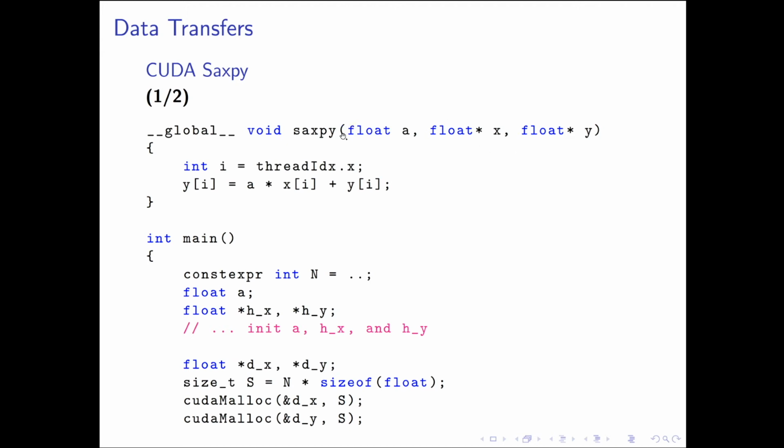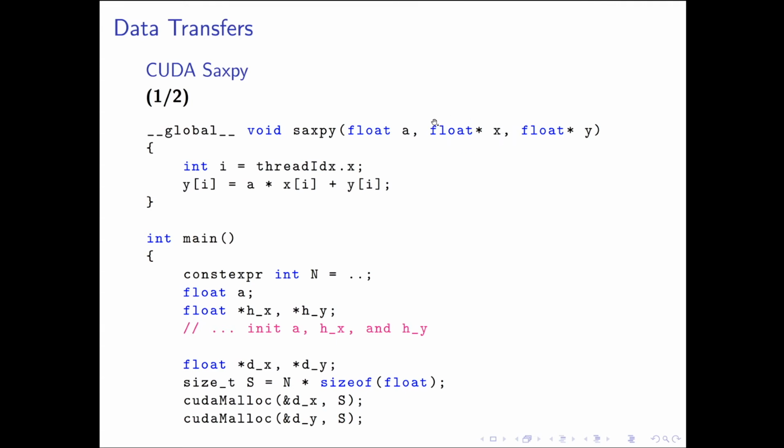And all those parameters will be copied into the kernel function by value. Whenever I call a kernel, the calling semantic is copy by value. I cannot just pass a reference to the kernel. And therefore, I have to make sure that when I copy pointers into the kernel, those are device-side pointers so that they're accessible from the device.